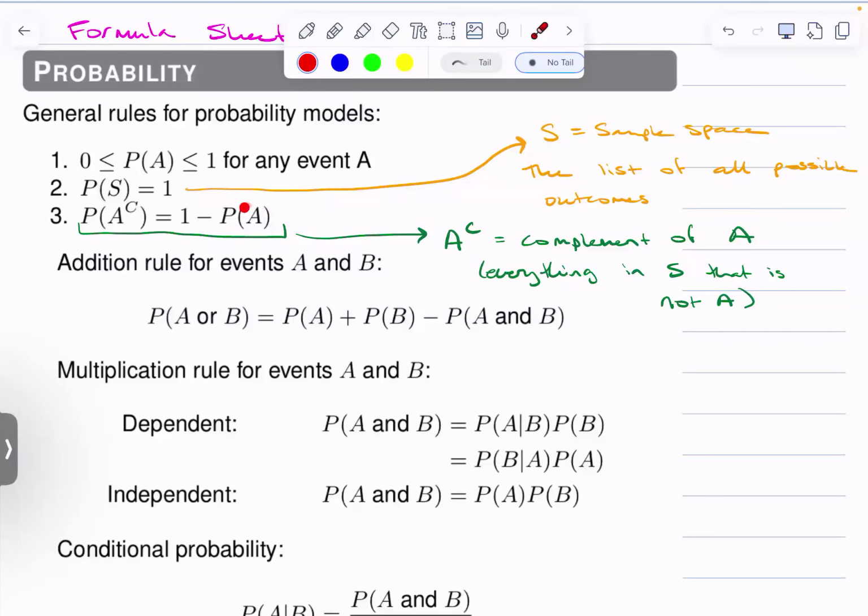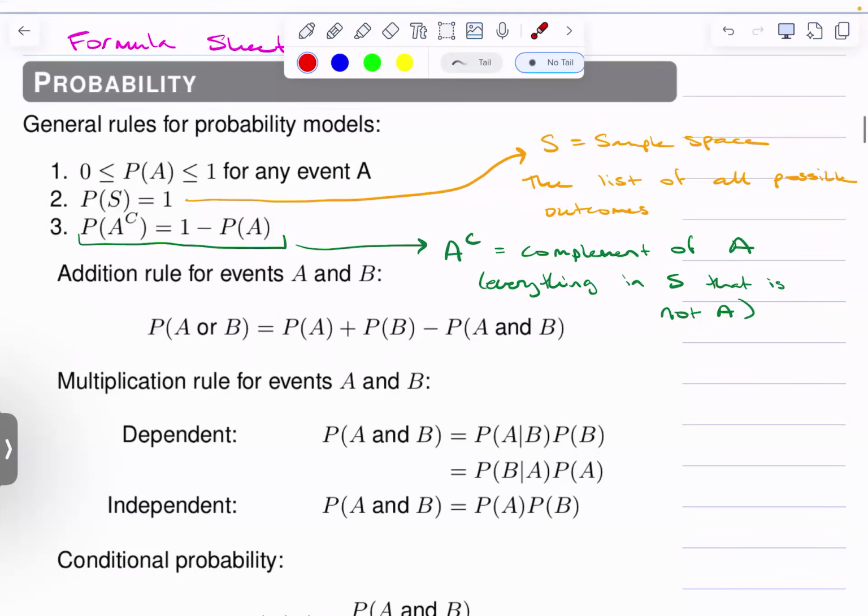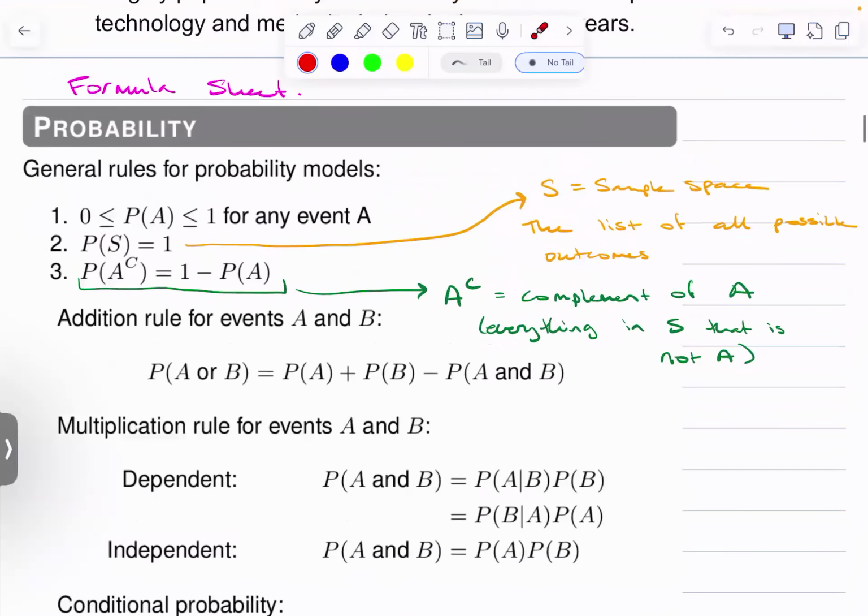The probability that you'll win is 0.1, but the probability that you will not win is 1 minus 0.1, which is 0.9. So our brains already do it, we just need to attach some notation to it. And so the probability of a complement is going to be 1 minus the probability that it happens. We'll save the rest for later.